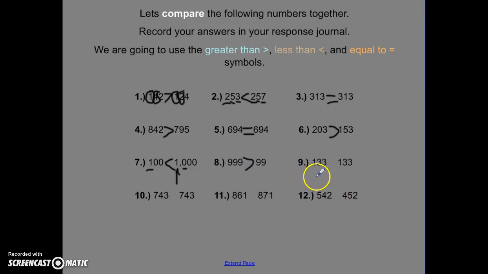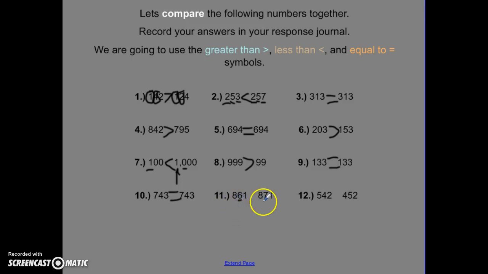Next I have 133 and 133. I notice that all 3 digits are the same, so they are going to be equal to. Number 10, I have 743 and 743. Again, all 3 digits are the same, so they are going to be equal to. In number 11, 861, 871. I see an 8 in the hundred spot. In 861, I see a 6 in the 10 spot.